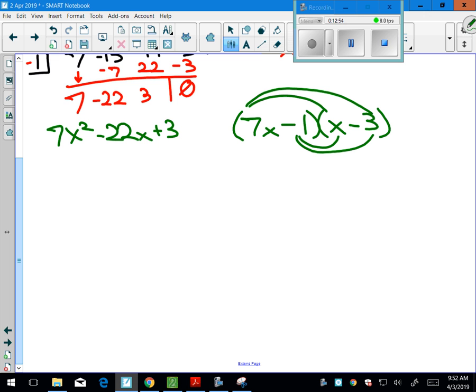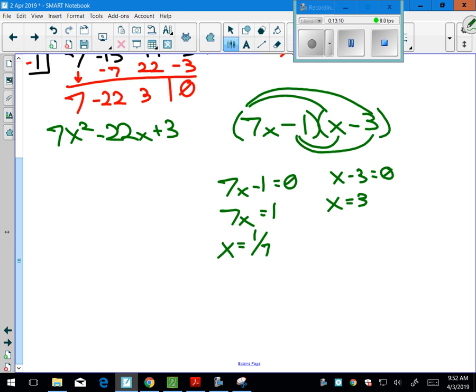I now set each of these terms equal to 0, so 7x minus 1 equals 0. This is 7x equals 1, which is x equals 1/7, and x minus 3 equals 0. So x equals 3. So we had -1. Our final answer is x equals -1, 1/7, 1, and 3.